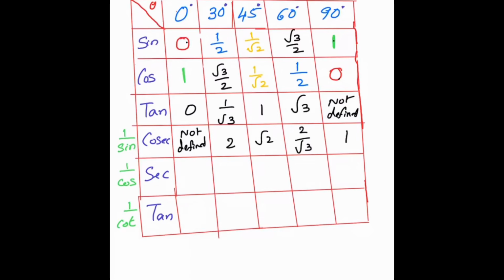Now secant: it is 1, 2 by root 3, root 2, 2, and not defined, because cos 90 is 0, so it is not defined. Then cot: again this is not defined. Tan 0 is 0, then this is root 3, 1, and 1 by root 3, and this will become 0.